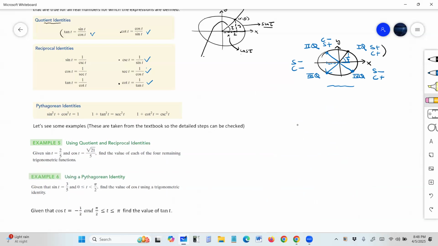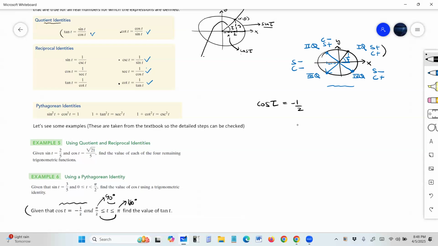So the last example, it's a variation of example 6, but in this case, they give us cosine of t, which is negative 1 over 5, and they tell us this information about the angle. So this is 180 degrees, pi radians, and this is 90 degrees.